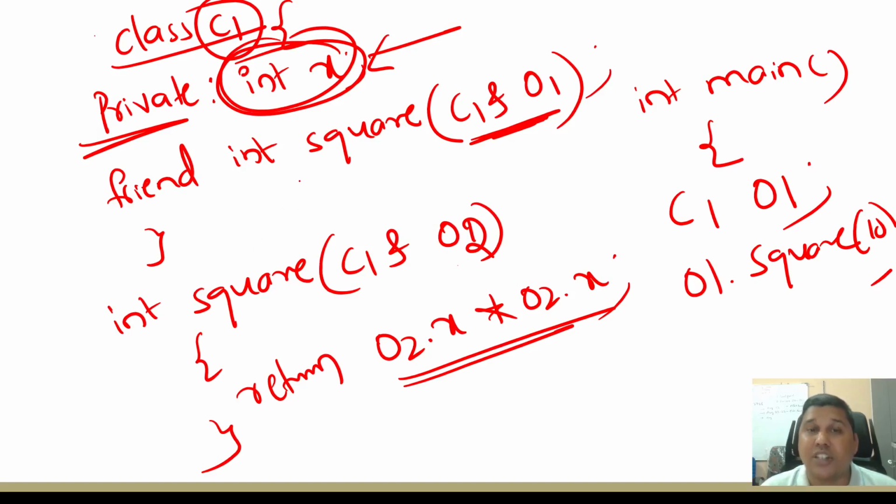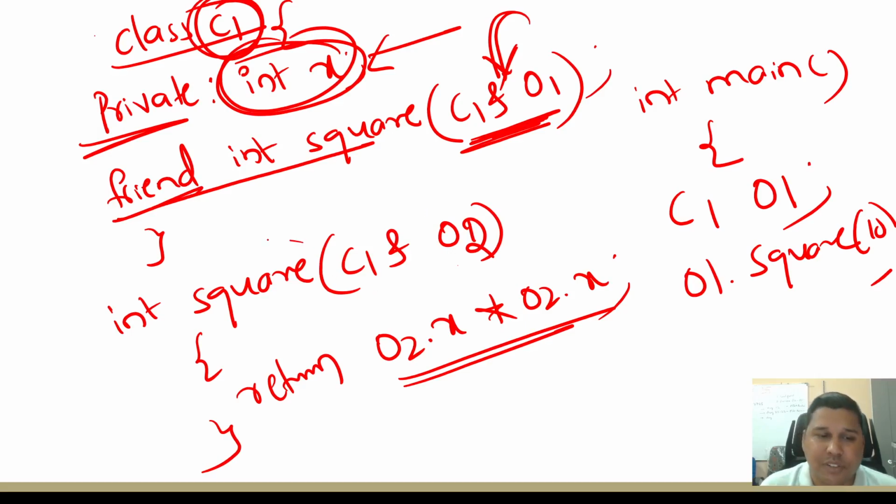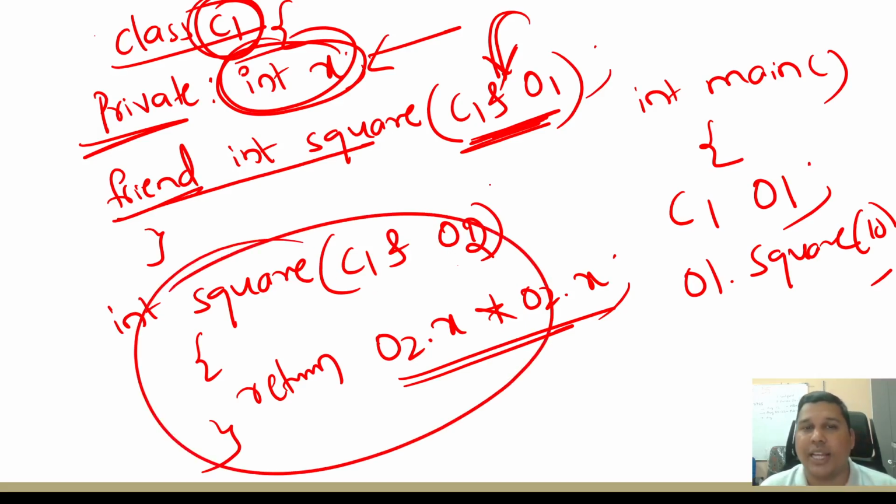So how are we defining a friend function? We write the function name as friend, and an object of this base class is given as input. In the function I have the business logic or the implementation logic, and from main I am trying to call it.